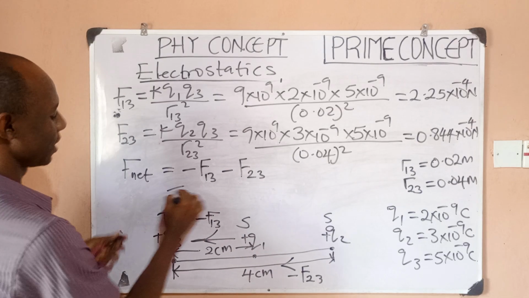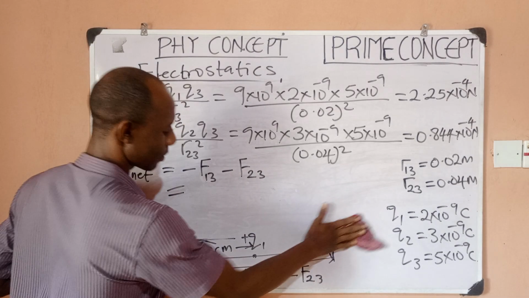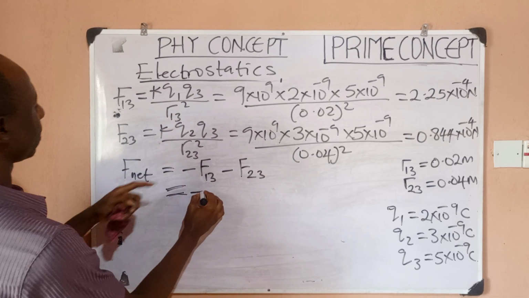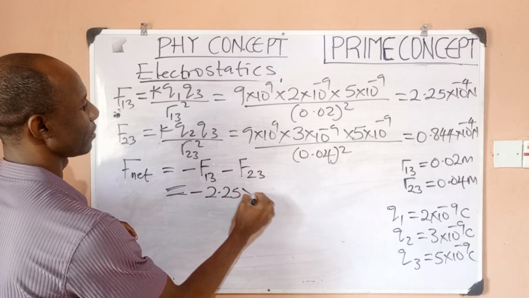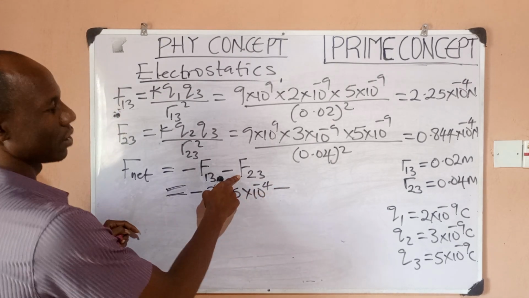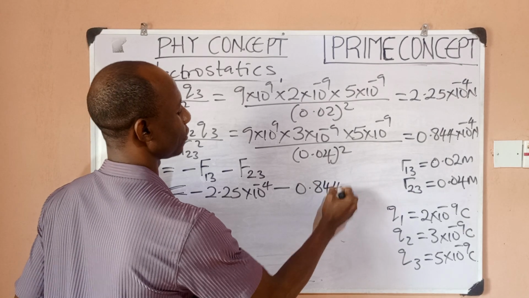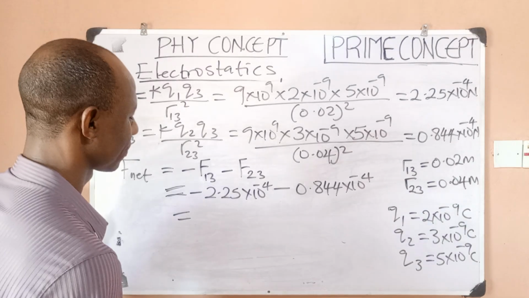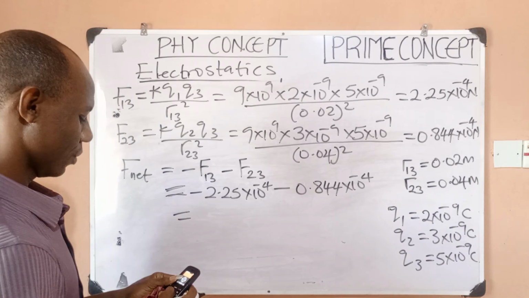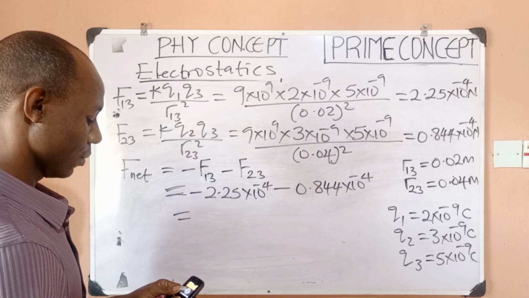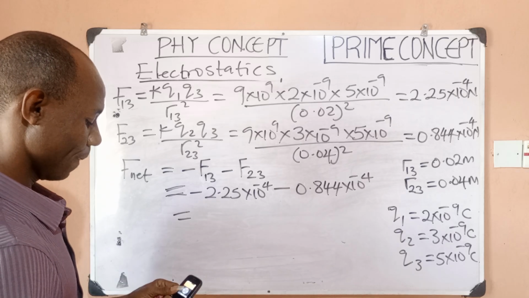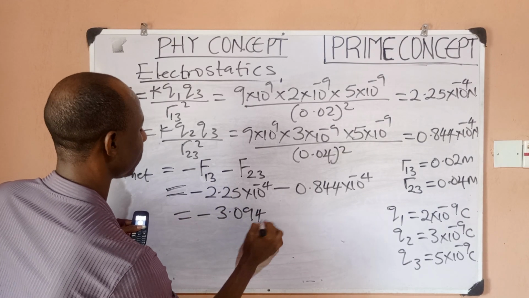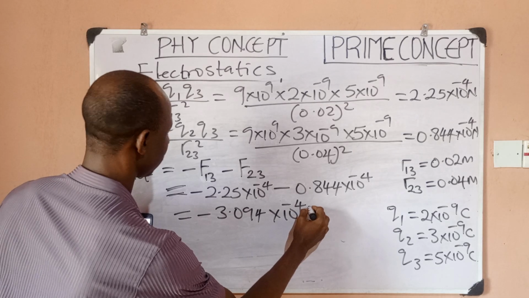So what do I do from here? I'm going to have minus 2.25 times 10 to the power minus 4 minus 0.844 times 10 to the power minus 4. If I solve this, I would have minus 3.094 times 10 to the power minus 4 Newton.